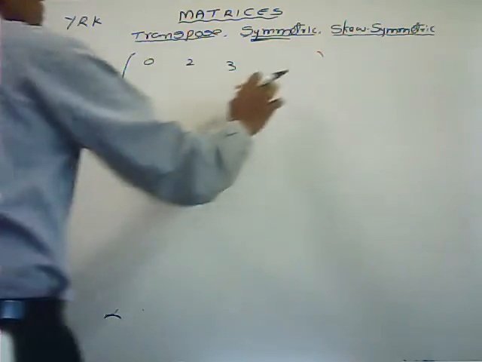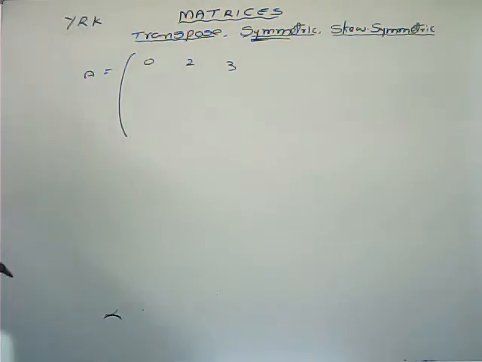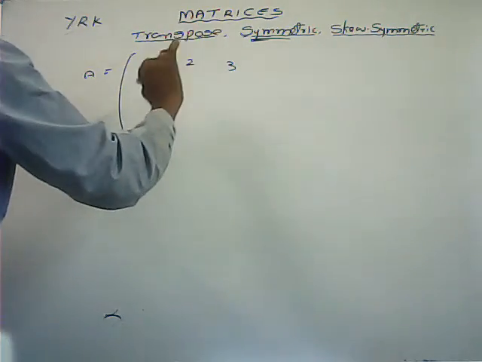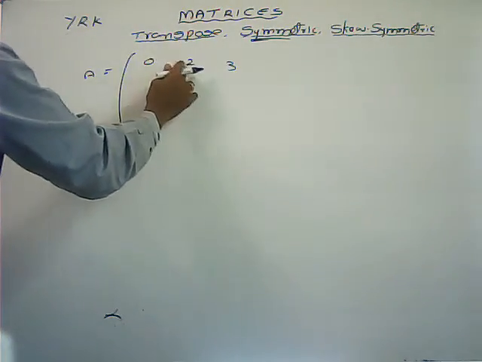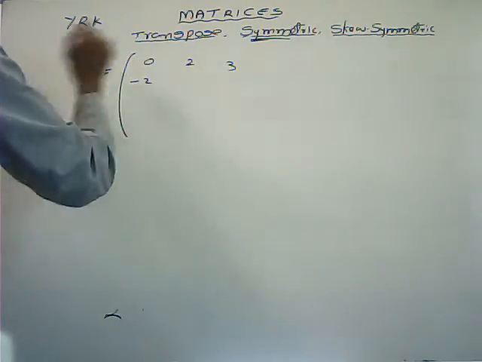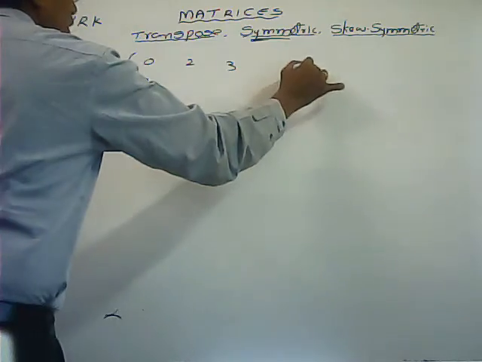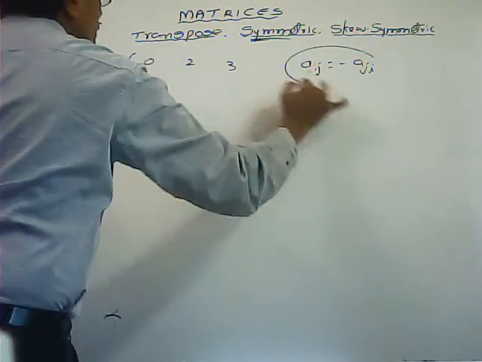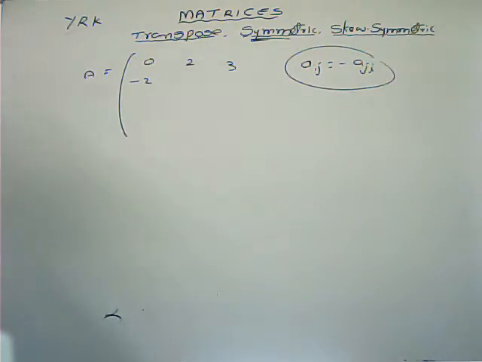In the symmetric matrix, the ith row jth column element is equal to the jth row ith column element. Here, in the skew symmetric matrix, the ith row jth column element, here first row second column minus 2, should be equal to minus the jth row ith column element. Both are equal only, but opposite in sign.